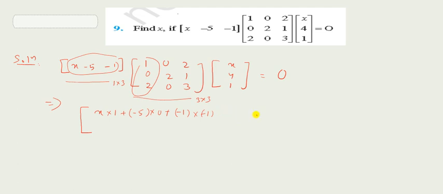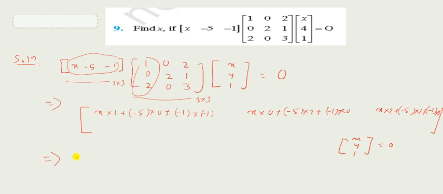Similarly, first row and second column, this is x into 0 plus minus 5 into 2 plus minus 1 multiplied by 0, and this is the first row and the third column, this is x into 2 plus minus 5 multiplied by 1 plus minus 1 multiplied by 3. This into [x, 4, 1] is equal to the null matrix.